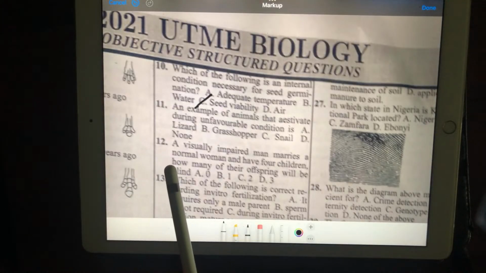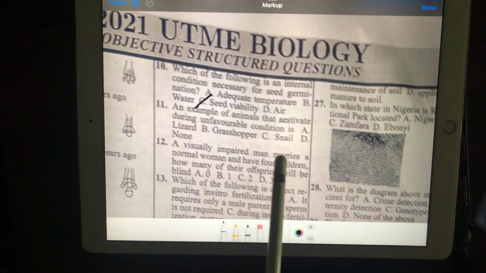Then number 11 says an example of animals that estivate during unfavorable condition is lizard, grasshopper, snail, and then none. Estivation is an adaptation for organisms when the weather is hot.